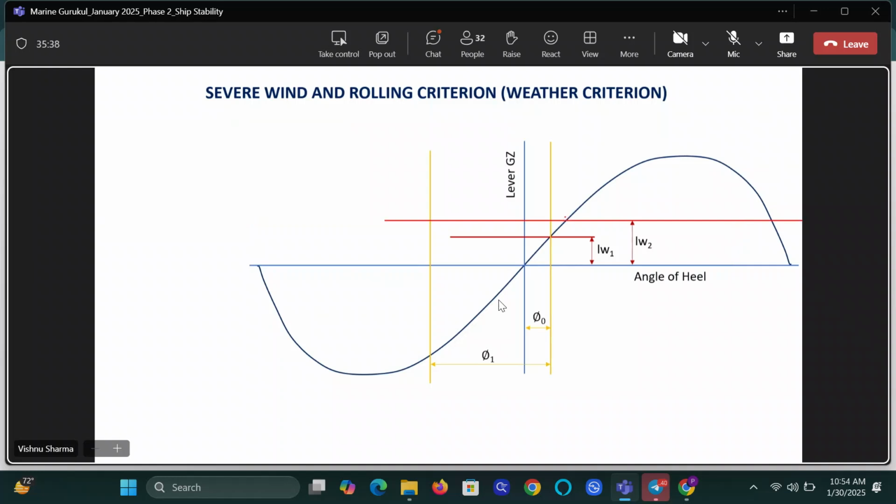This area, guys, is the area which represents how much energy is stored in the vessel to flip to this angle. And this area represents the energy or the dynamical stability with which the vessel will flip onto the other side. She will not come to stop here because of the momentum, she'll flip over. What will oppose the flipping? This area will oppose the flipping.